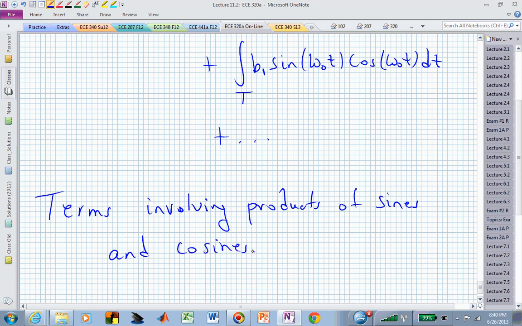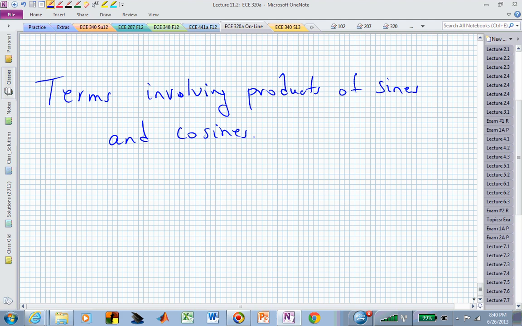And at the beginning of this lecture, I hinted that we needed to understand why those actually vanish. If we looked, for example, at the following, suppose we looked at a generic a sub n cosine of n omega naught t times cosine of omega naught t dt.